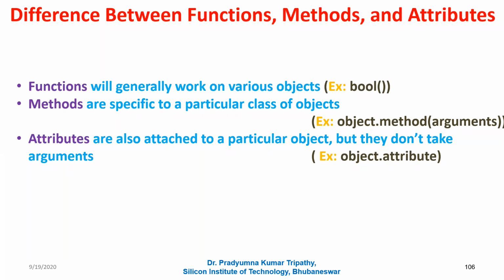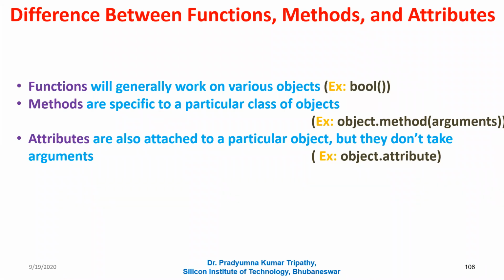Usually when you work with Java programming, you might be saying all those are methods. In C programming, we say all those are functions. Even in C++, they are called functions. So look over here at how functions and methods are defined. Functions work on various objects. For example, I have a bool function to change to boolean, a str function to change to string, an int function to change to integer, and an input function to take input.